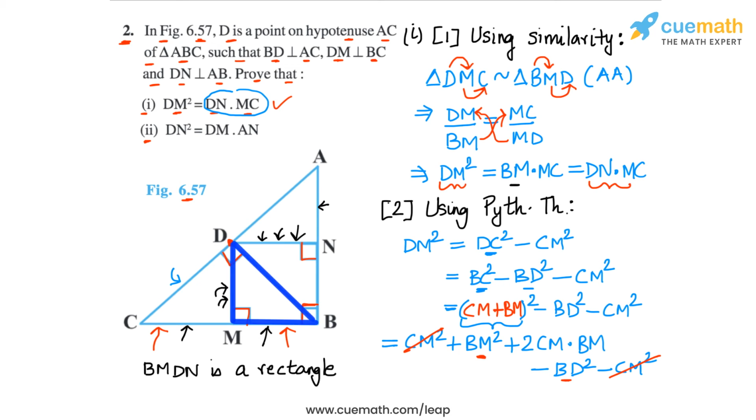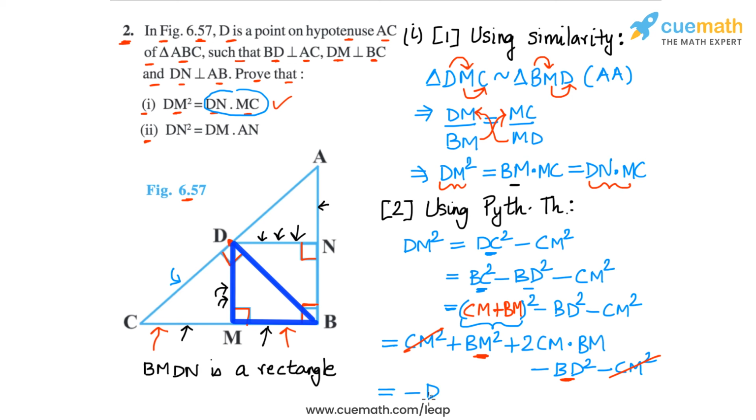What do you think is BM square minus BD square? Well, if you observe the triangle BMD, in this triangle BD is the hypotenuse and BM is one of the other sides. So BD square minus BM square will be DM square. So in the expression you have BM square minus BD square. So this will give you minus DM square.